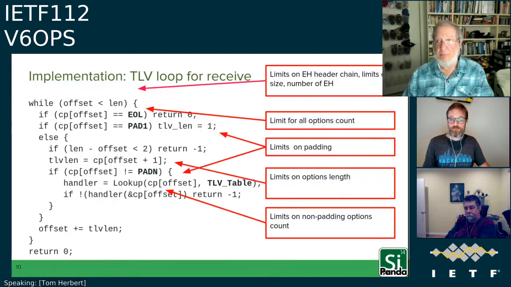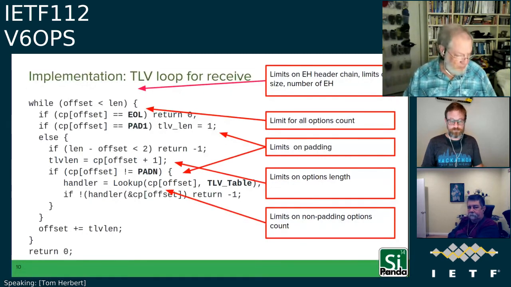There would be limits on padding, so we have to consider both pad 1 and pad N. There would be limits on option length, that would be applied when we have a variable length option. And then we also want to consider limits on non-padding options. So if you put this in, basically what it results in is more conditionals in the data path.